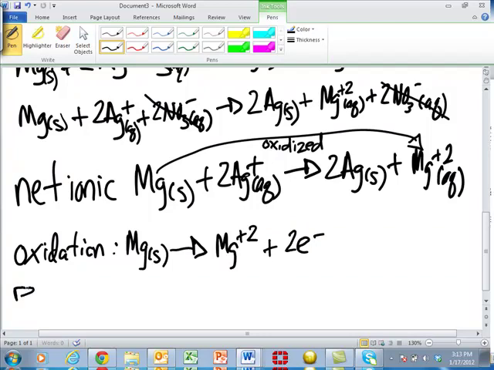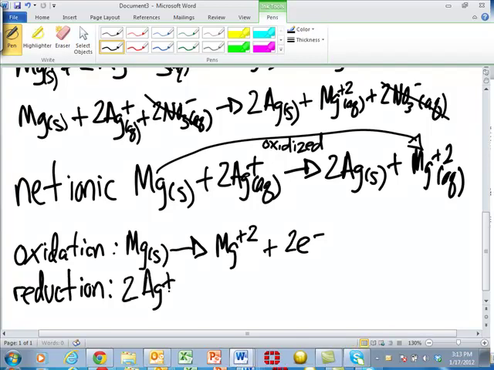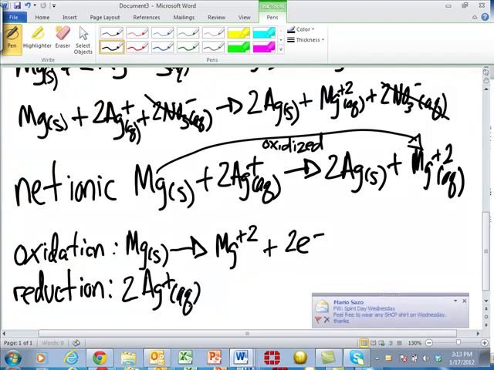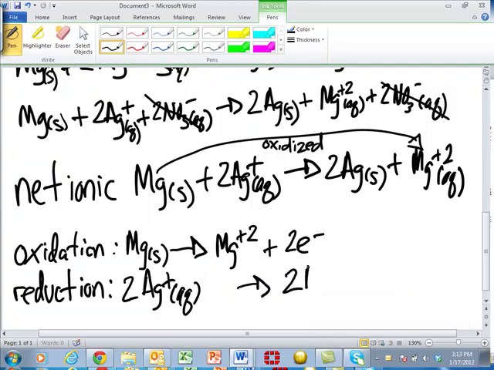Now our reduction half reaction, we start with 2 silvers, right? In order to become 2 neutral silver atoms, 2 electrons. Okay.